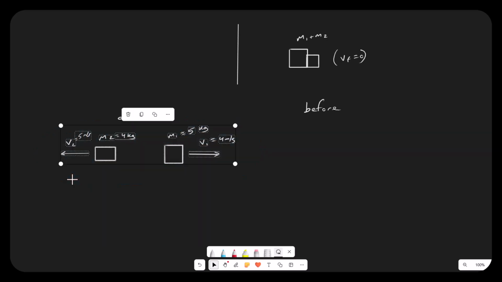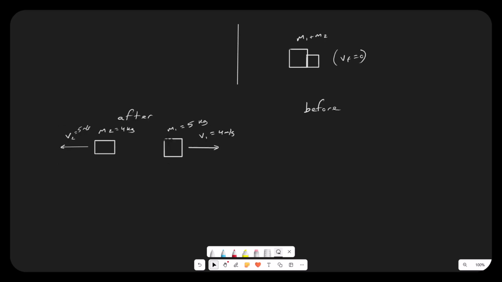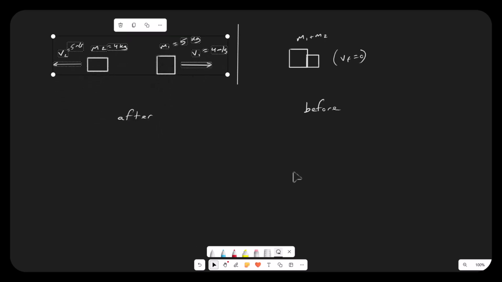Now I have this system that before just sits there, and afterwards I have two blocks that are moving away from each other. This is a collision in reverse, or an explosion.